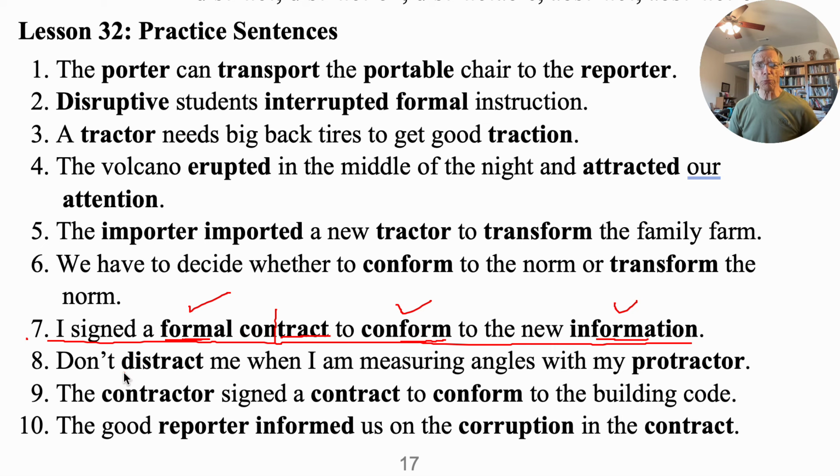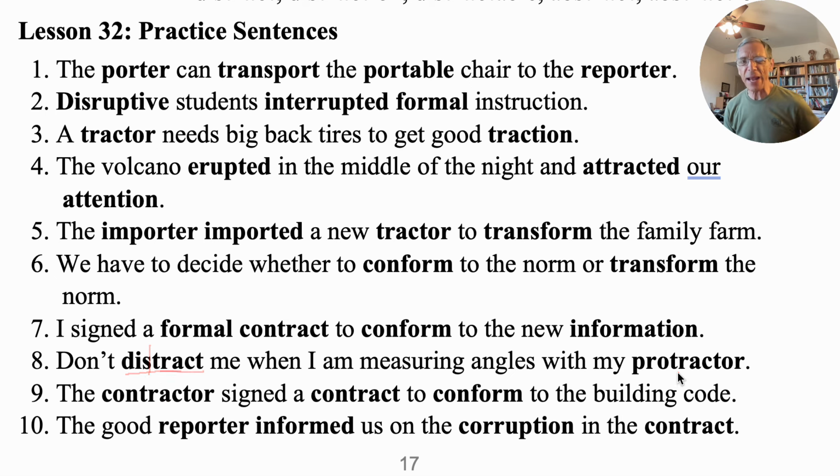Number 8, don't distract me when I'm measuring angles with my protractor. And we talked about a protractor, a device that measures angles, used especially with geometry. And distract, that just simply means, track means pull, so don't pull me away from the math problem I'm trying to do here.